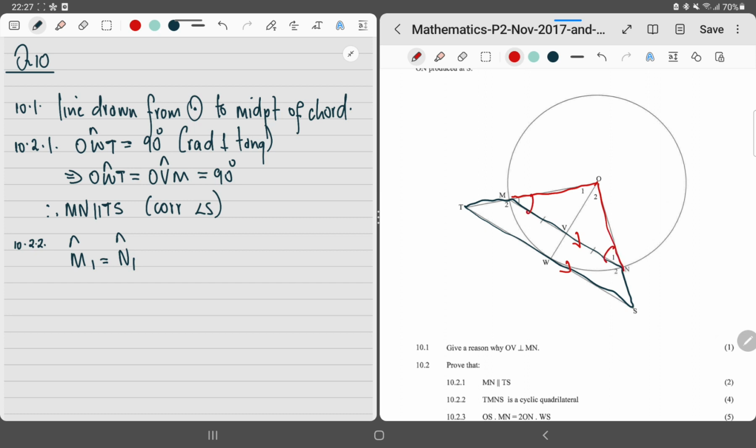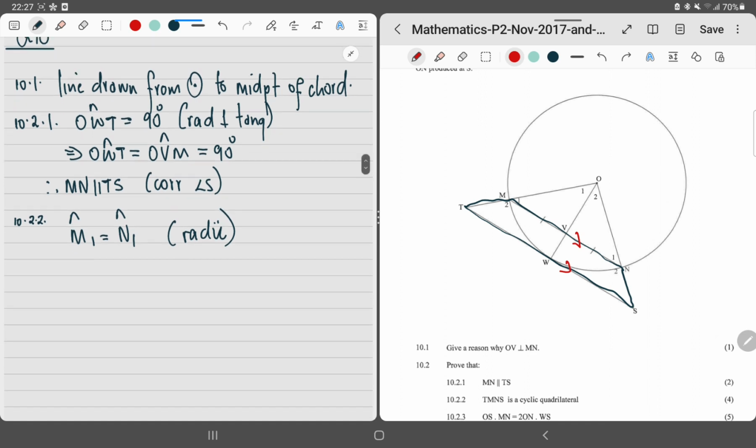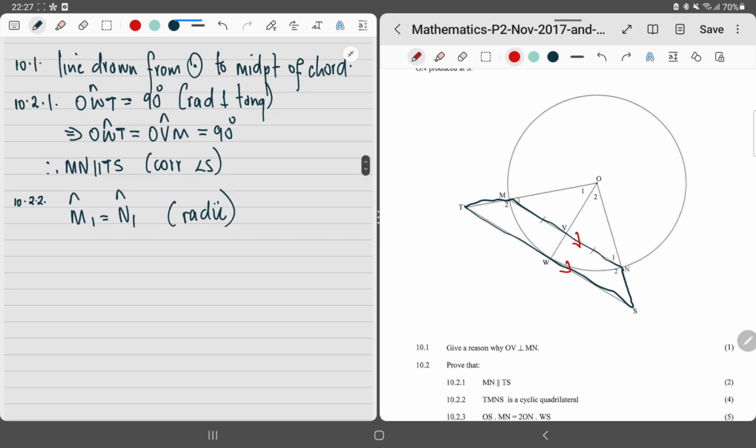So these two angles should be equal because of radii. And then, but M1 is equal to angle T. So M1 is equal to angle T because of the F. This angle should be equal to that angle. Is equal to T because of corresponding angles.